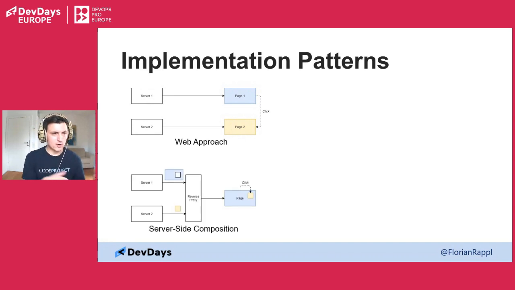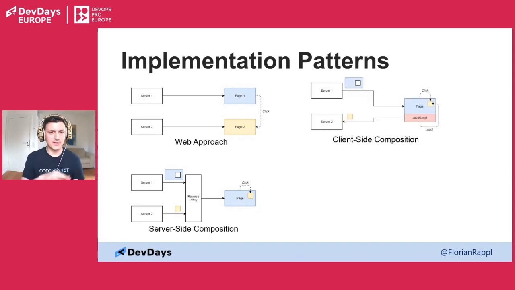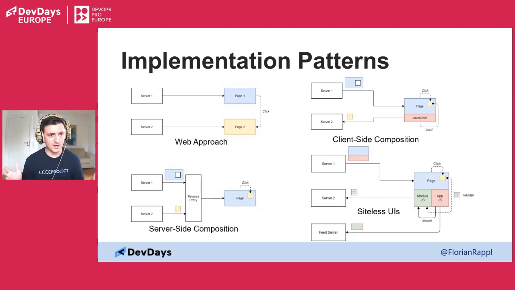Now, server-side composition is already more elaborate and something you might even choose for creating your own microfrontend solution where certain things come together. This is great. It usually uses a reverse proxy. And then you can go over to the client, make client-side composition, use maybe a web component as a carrier here, or you might even go into something really like a nuclear reactor, like siteless UIs, which is a pattern I always like to advocate, because these are really independent, decoupled, and they are usable in multiple circumstances.